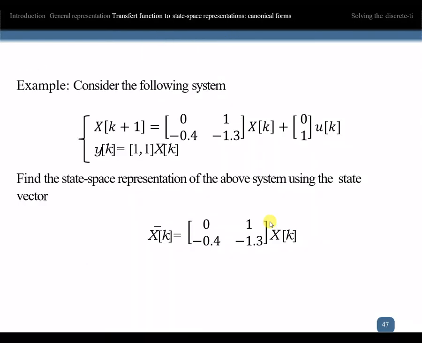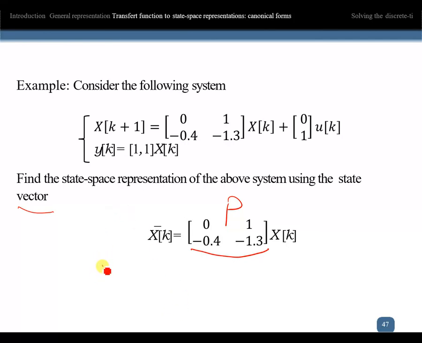Okay, I found it. One example: consider the following system you have. Find the state space representation of the above system using the state vector. That means they give me the P here.